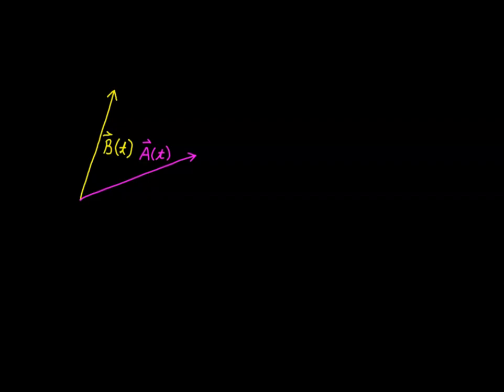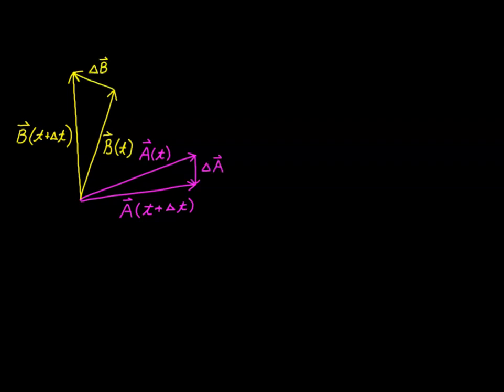So after a small change of t, which we'll refer to as delta t, the vectors might move to a new position that looks something like this. And we'll represent the change of each of these vectors with new vectors we call delta A and delta B.